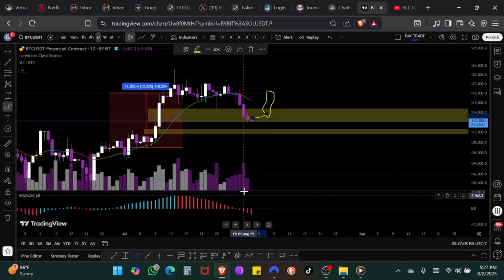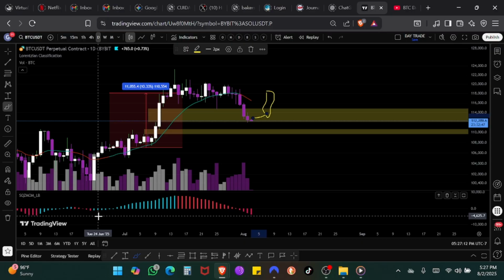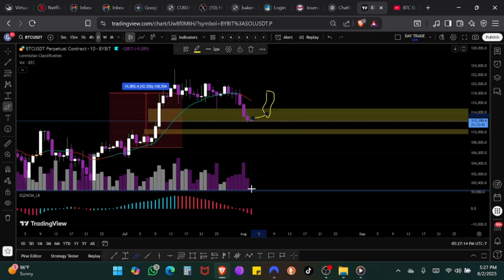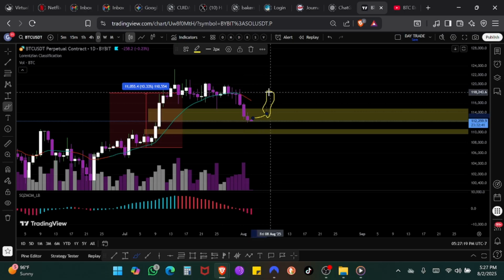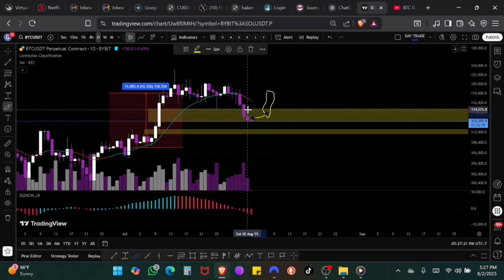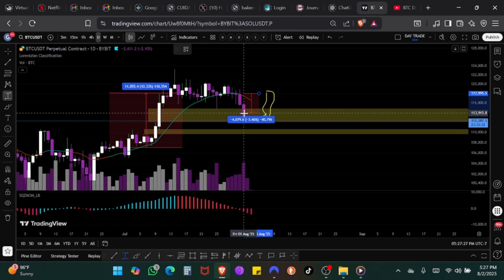And I want to follow my rules, right? So I need to exit on two green candles on the squeeze momentum. So that would have put me in the negative, at least 5%, at least 4% in the negative. So see that the interest should have been there.